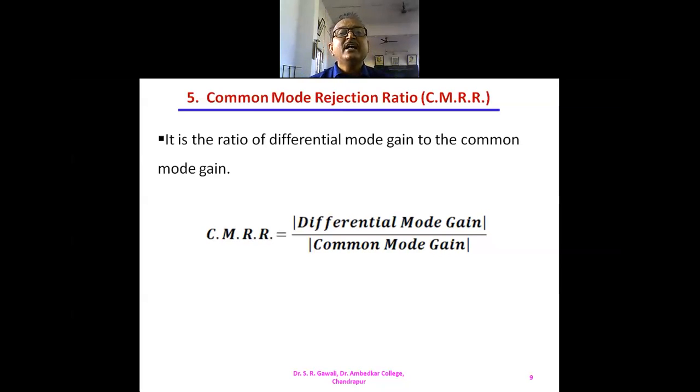Here we use the common mode rejection ratio, that is nothing but the ratio of differential mode gain to the common mode gain.